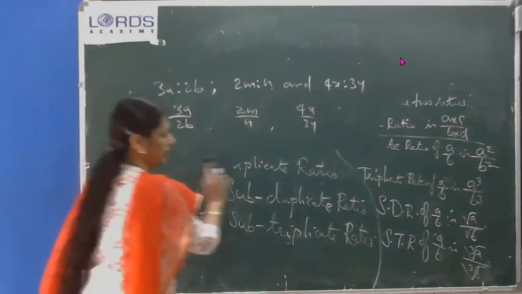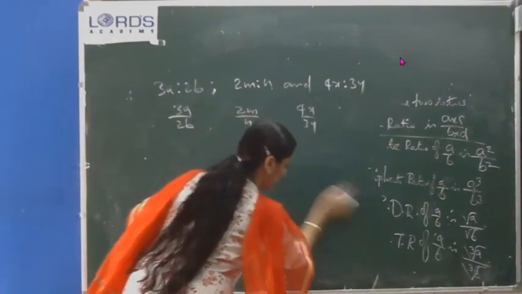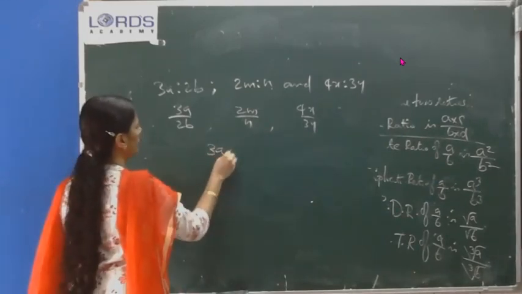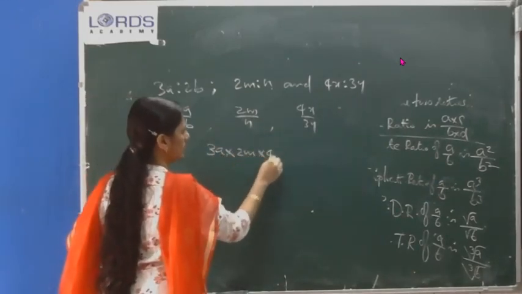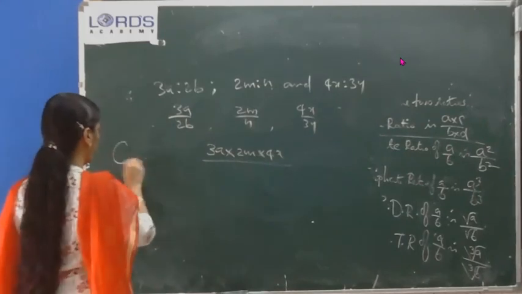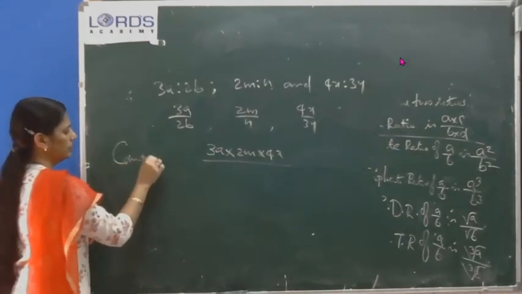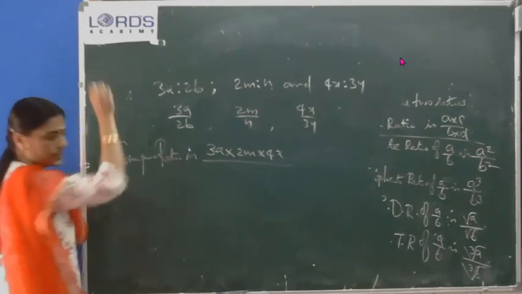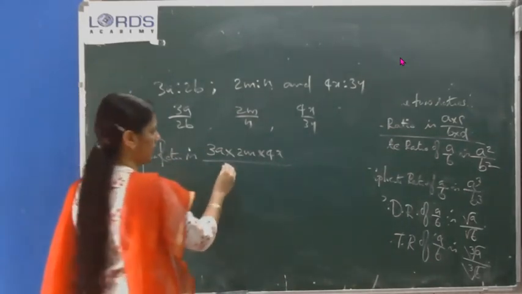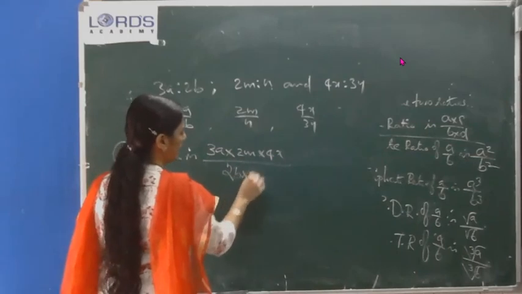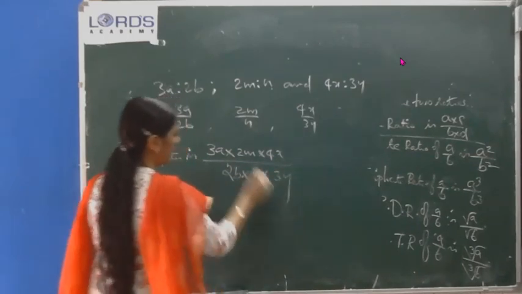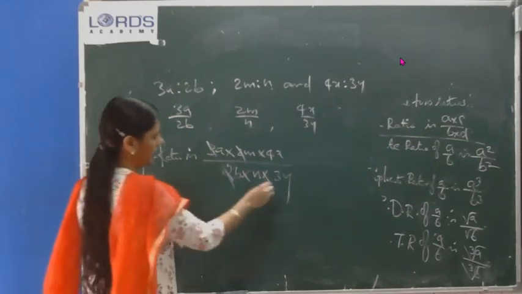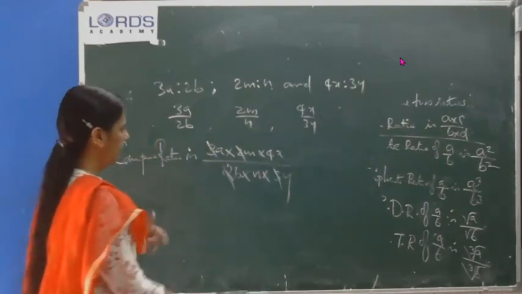Did all of you get the answer? The compound ratio of the given three ratios is 3A into 2M into 4X by 2B into N into 3Y. The 2 cancels, the 3 cancels, nothing else.